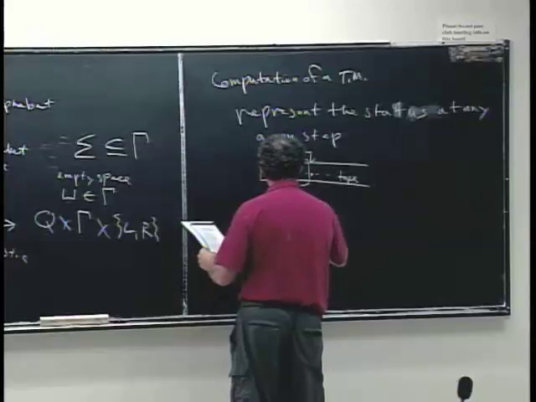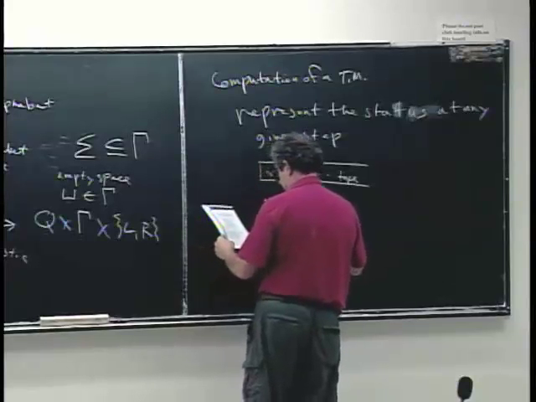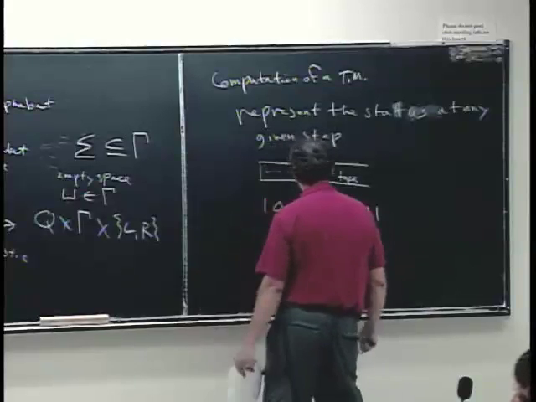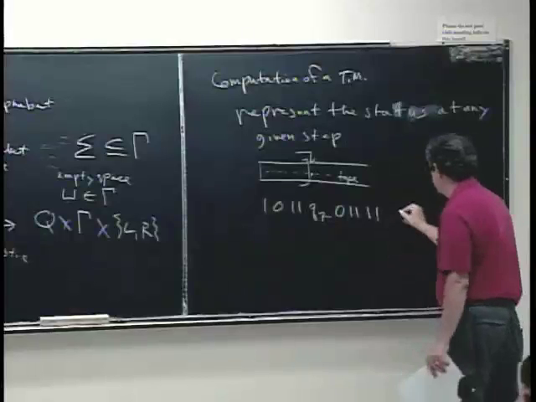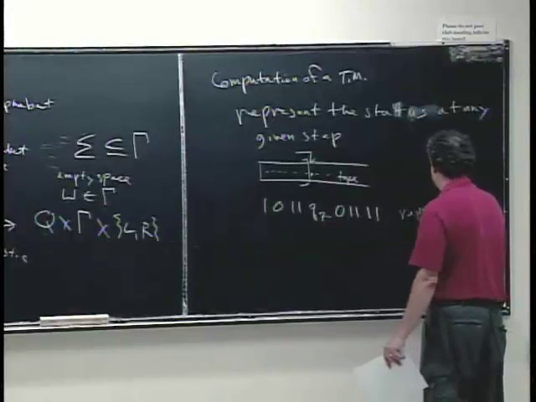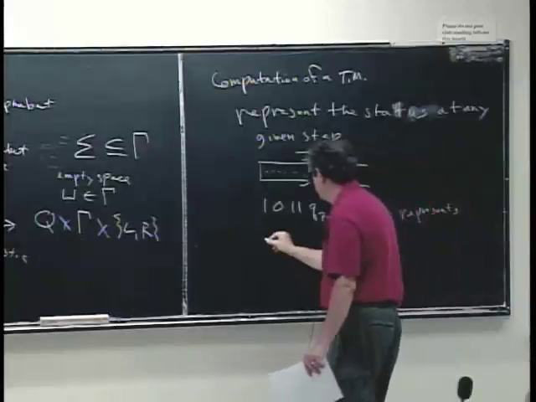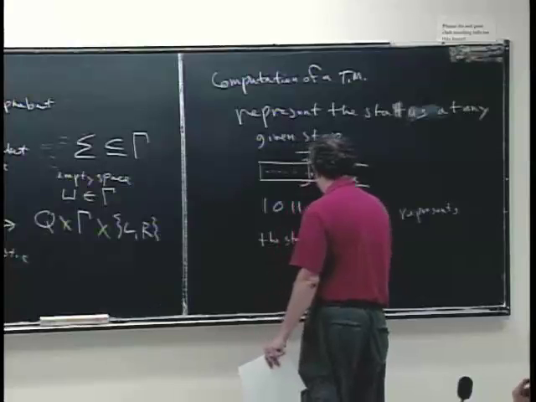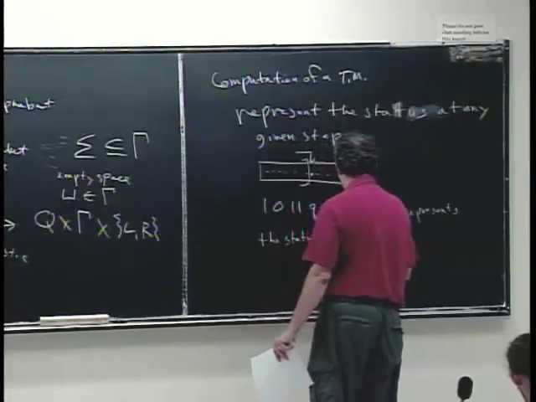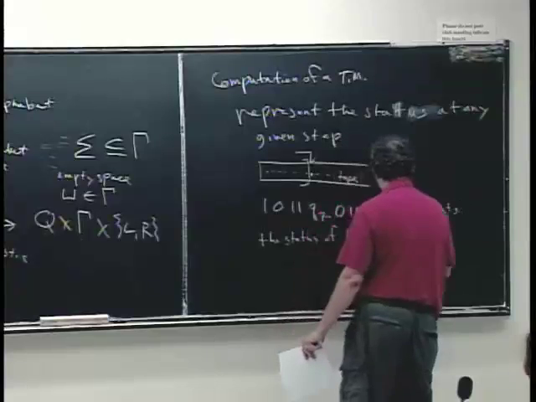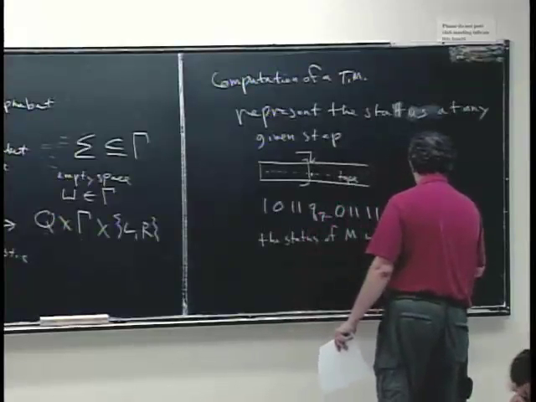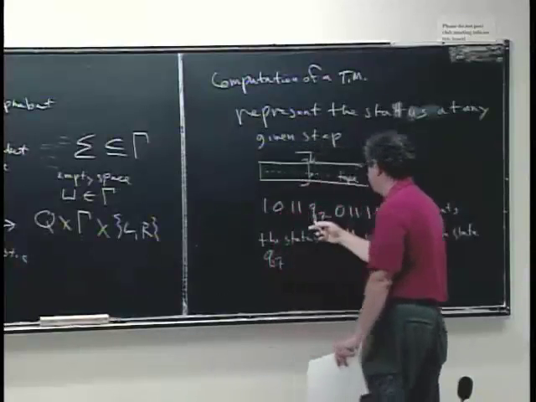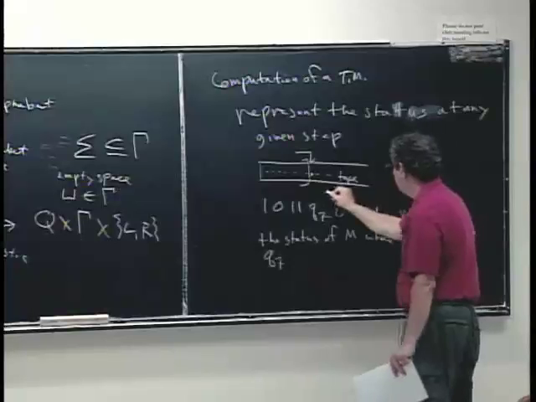1011 Q7 0111. Okay? So this represents the status of the machine M, where M is in state Q7, okay, because that's written there. The read head is right there.